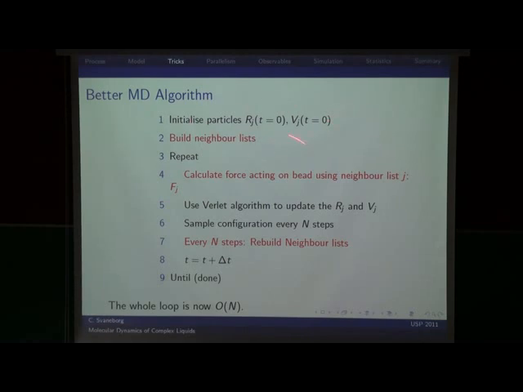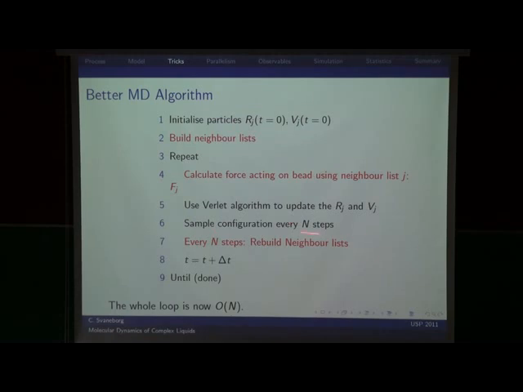We have to rebuild the neighbor list to figure out in what cell all the beads are, and what the Verlet lists of all particles are. Now we can calculate the force acting on the bead, using the neighbor list we have. And by this exercise, we converted this from an n squared process into an n process.